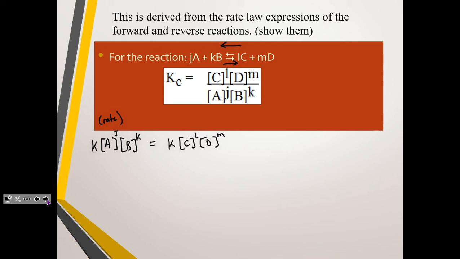When we divide over terms, the equilibrium constant is going to be C to the L, D to the M, divided by A to the J, B to the K. And that's what we see here for the equilibrium expression.